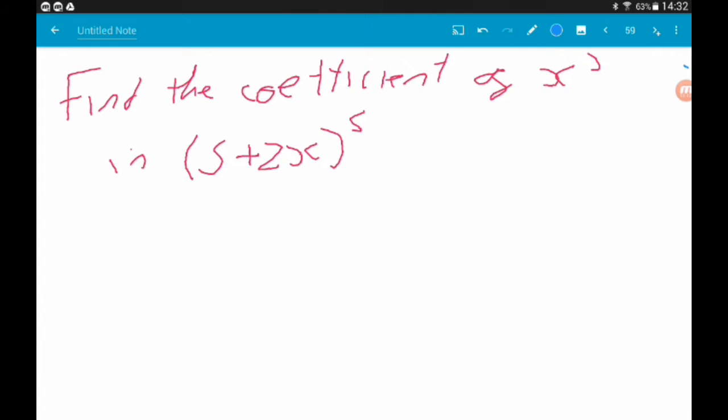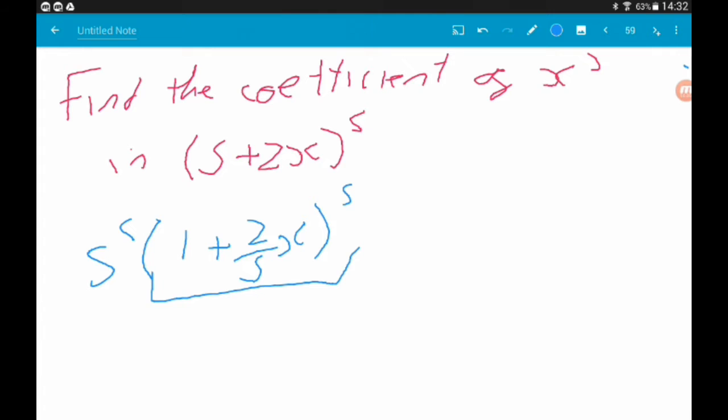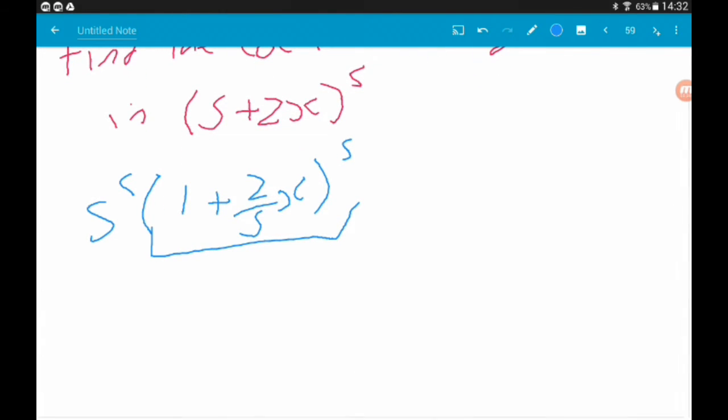So, if we factor out the 5, we get 5 to the power of 5 times 1 plus 2/5 x all to the power 5. So that's the factorising part done. Now, we just look at the binomial expansion part. So we want the x cubed term from this.